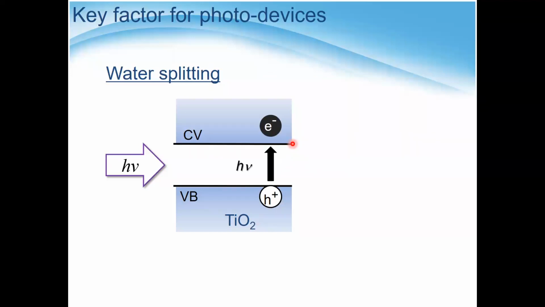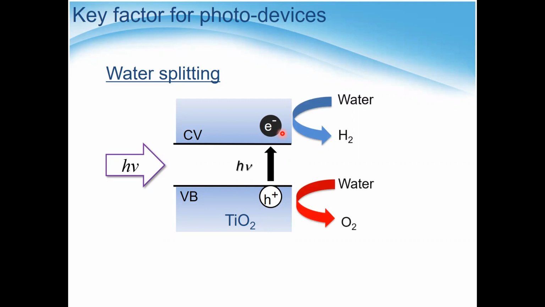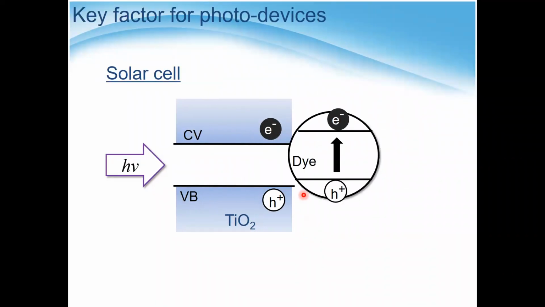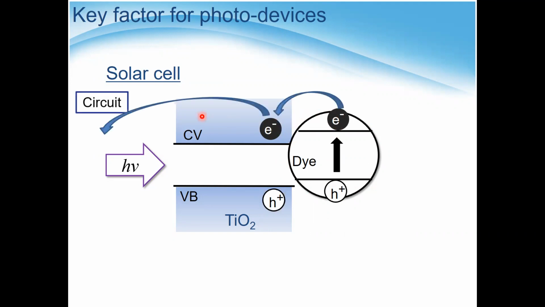And in the case of water splitting, this electron is used for the generation of hydrogen, and holes are used for the oxygen generation. And in the case of solar cells, you are going to add extra molecules or some material for light absorption. And when the light is illuminated, electron is excited, and they are transferred to the conduction band and also going into the circuit. And on the other hand, holes are transferred in the opposite way to get current as a final output.